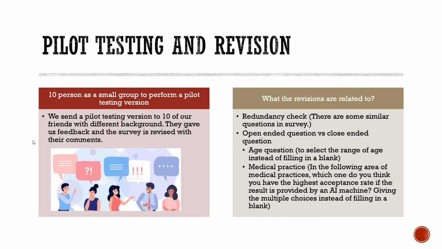Let me talk about some of the revisions that came from the pilot testing. The redundancy check is one of the revisions we have done. Some similar questions in the survey were pointed out by our survey takers in the pilot testing phase, and we removed those questions to avoid any redundancy.